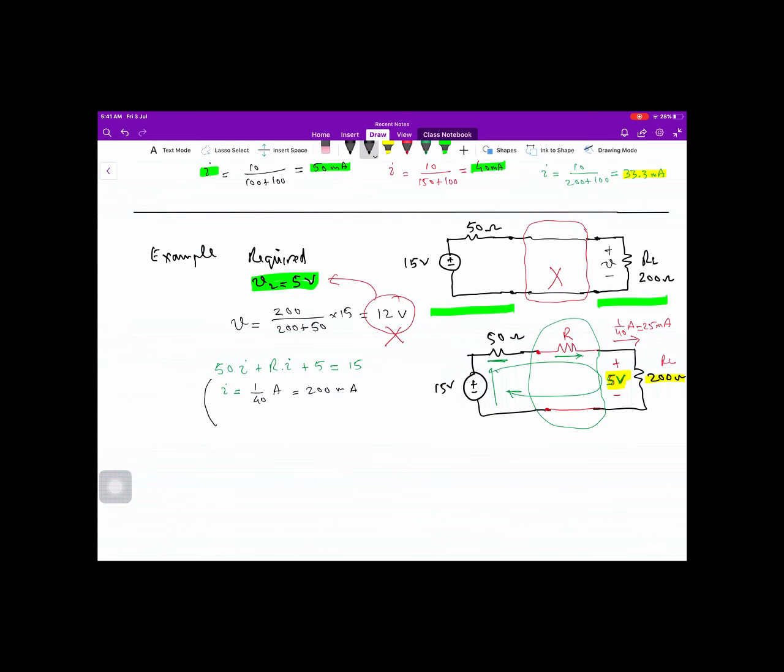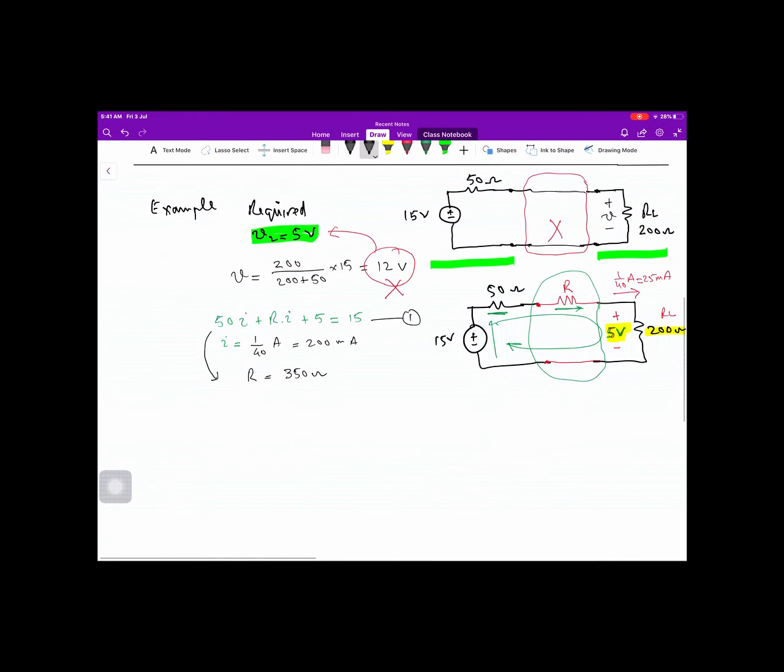Due to this given condition, from this equation number 1, we see that R is 350 ohm. If we select 350 ohm resistance, it will meet the condition. With R equal to 350, we can also verify that the output voltage is 5 volts.